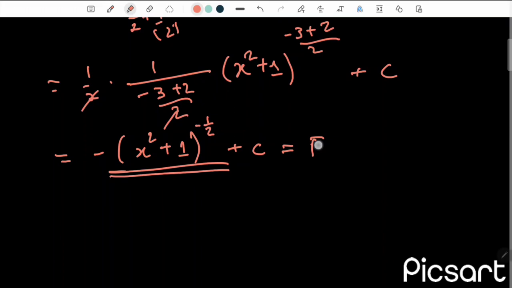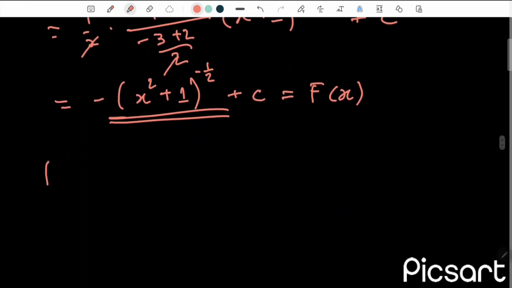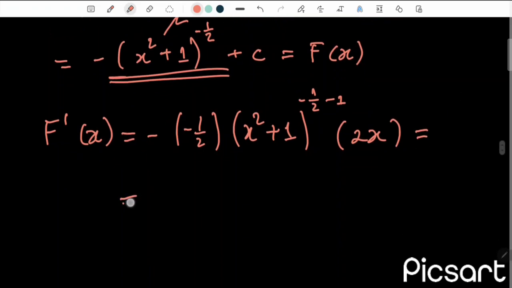We are considering that this is our solution, capital F, and we must take its derivative, which is minus 1 over 2 times (x squared plus 1) power (minus 1 over 2 minus 1) times 2x, and this is equal to, minus by minus is plus, then we have 1 over 2 (x squared plus 1).